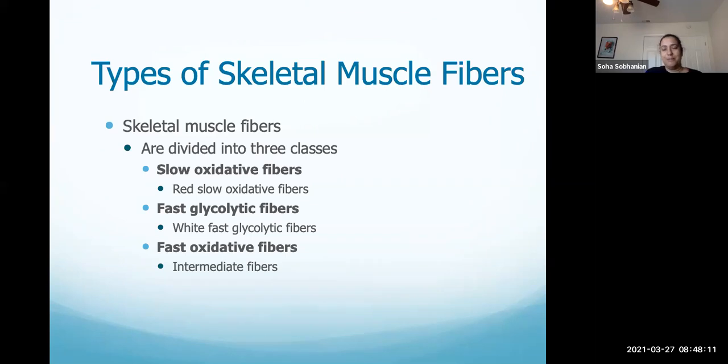Type your answer for me. Okay, good job, guys. Both slow and fast oxidative muscles, right? Because again, what are we saying? We're saying that if you need oxygen, you need the storage of that oxygen. So both of these, slow and fast oxidative, require a lot of myoglobin in them. Good job.